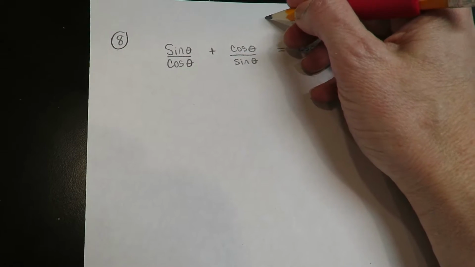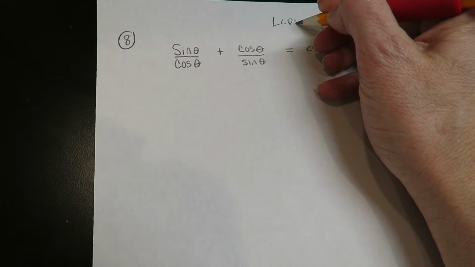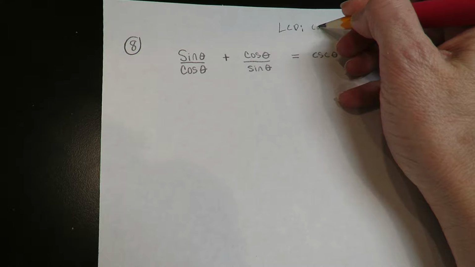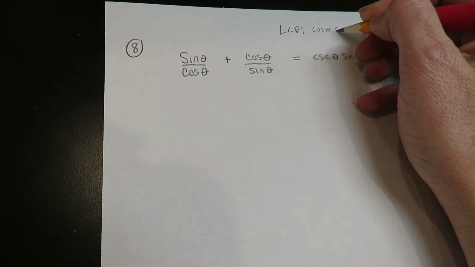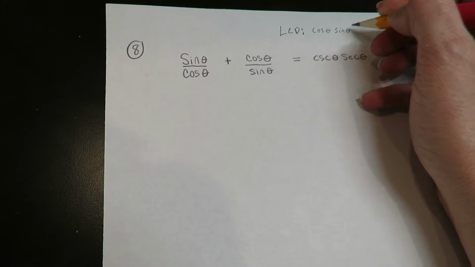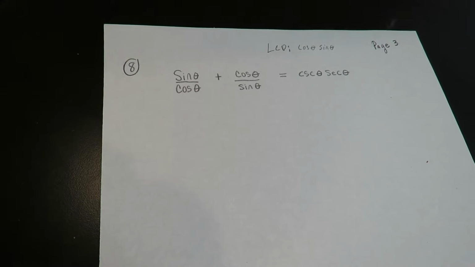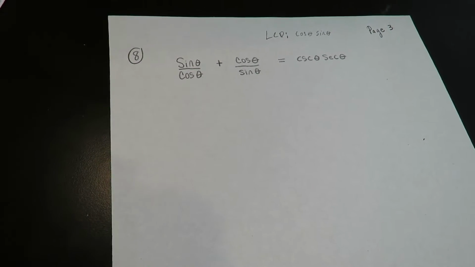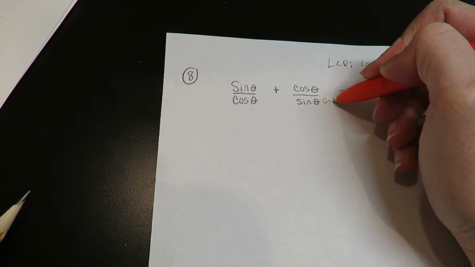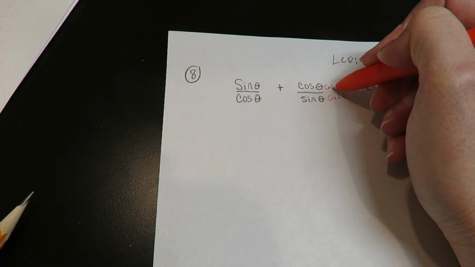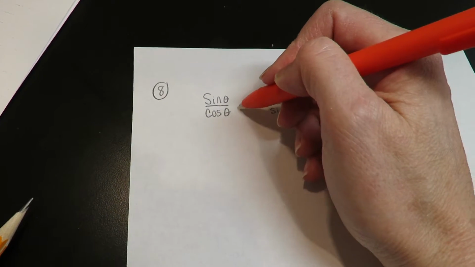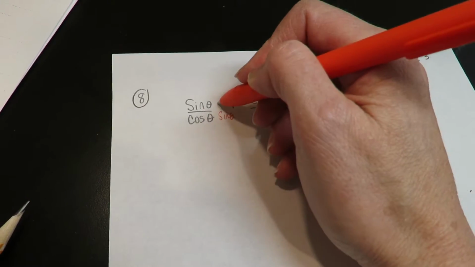So the LCD here is going to be cosine theta, sine theta. So we'll go ahead and balance these fractions. We'll give a cosine to each side here and a sine to each side here.